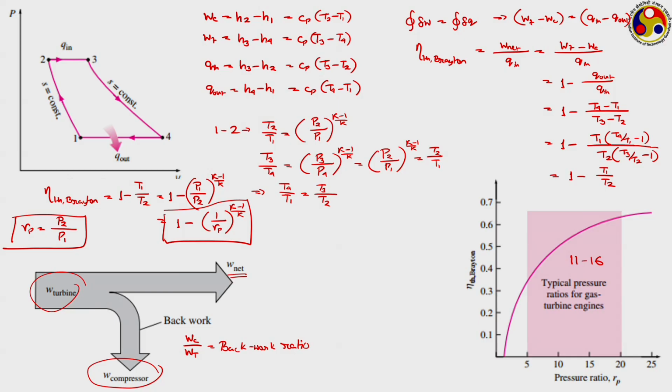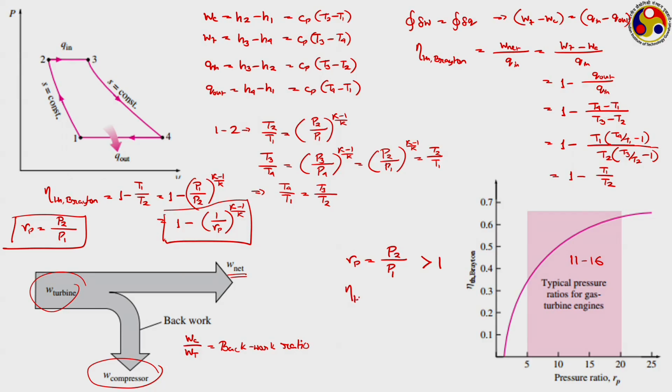So, to wrap up this particular slide, the characteristic parameter that we use in case of a Brayton cycle or gas turbine is called the Rp, the pressure ratio, which is pressure after compression by pressure before compression. So, there is a pressure ratio associated with the compression process, and as pressure increases during compression, this is also always greater than 1.